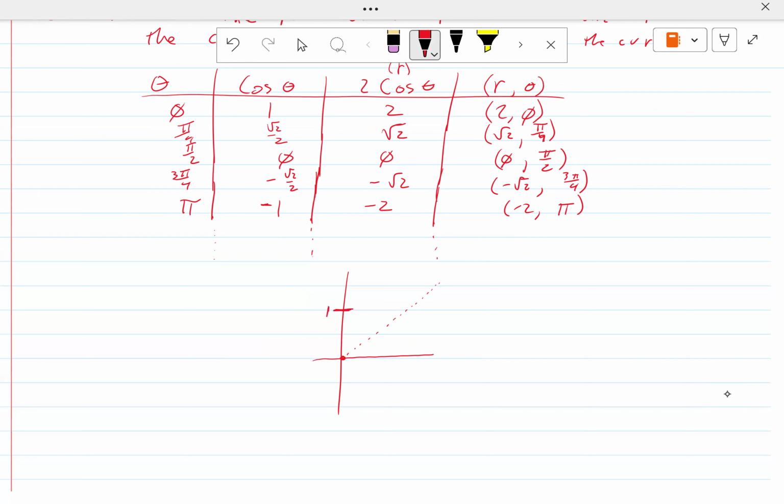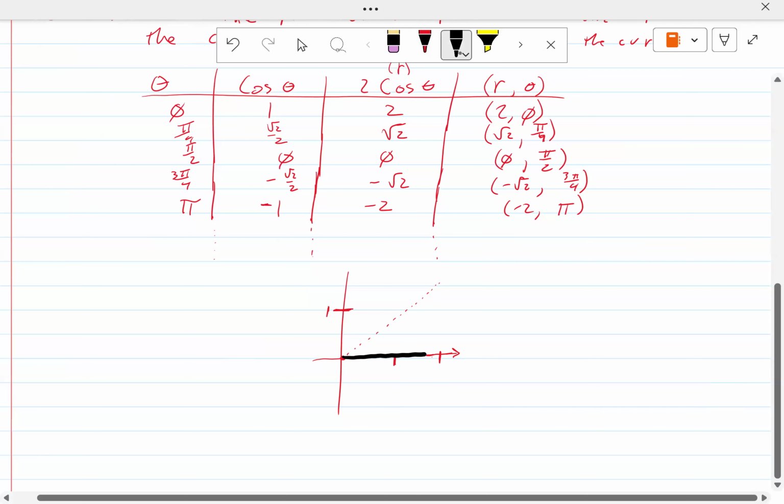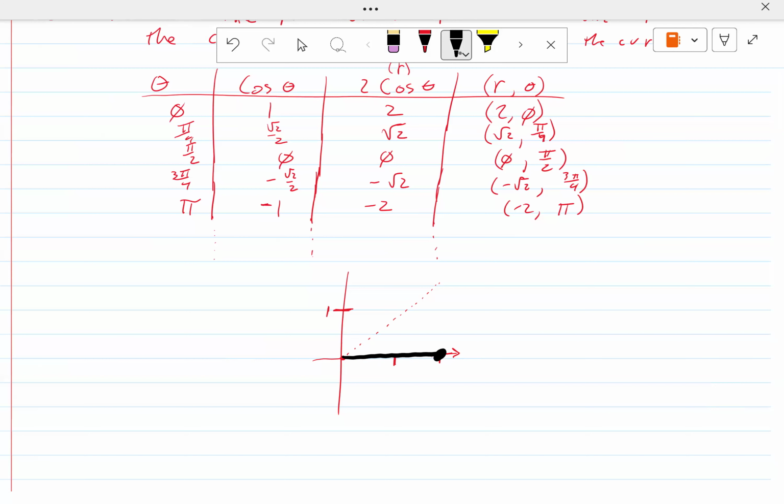Okay, and then I'm going to go 1, and then I'm going to go out a little bit further and make it 2. Just kind of over accentuate these items. I'm going to put this radius here. Okay, boom, that's my first one. Okay, so the point is here.